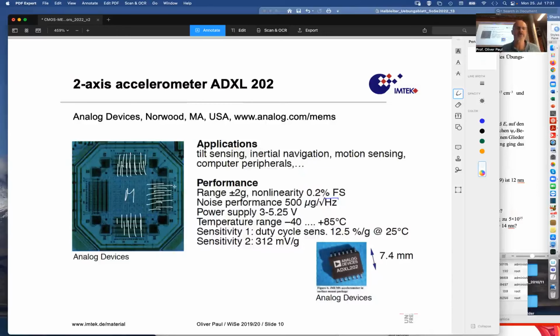So here it's more this kind of accelerometer that measures the capacitance by the overlap of interdigitated electrodes. And the seismic mass is somehow suspended out here with some folded beams also that are hard to see.